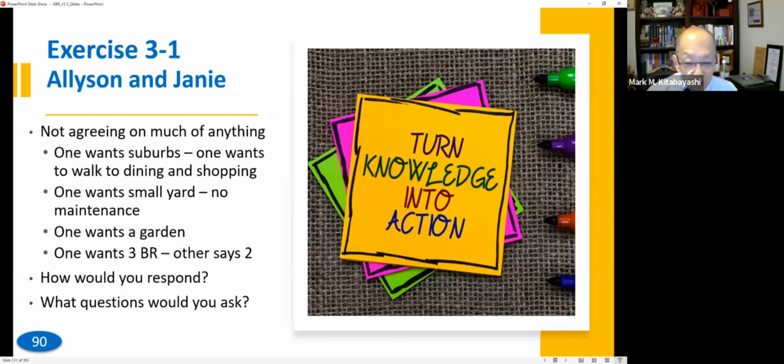One wants a small yard, no maintenance. One wants a garden. One wants a 3-bedroom, the other says 2. How would you respond? What question would you ask? Think about that.